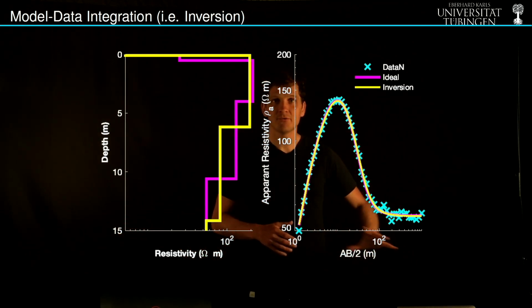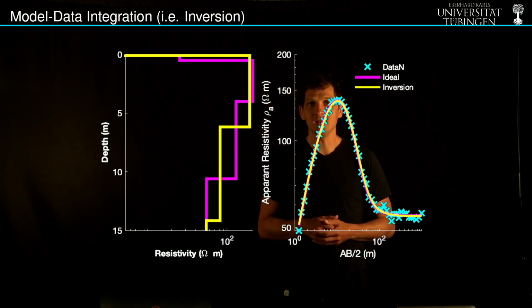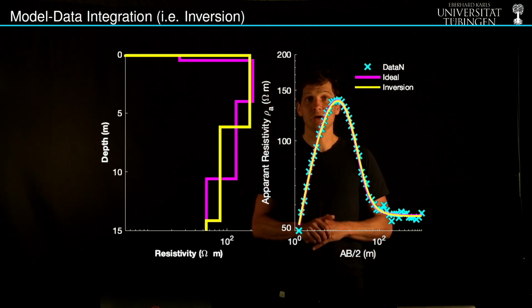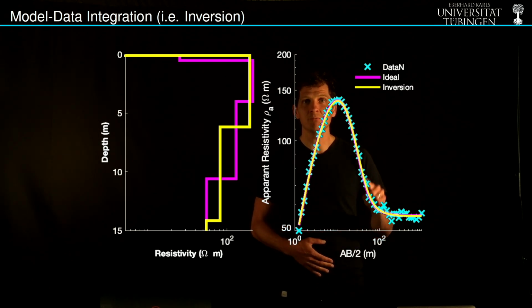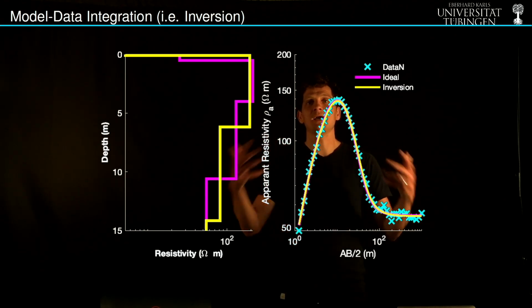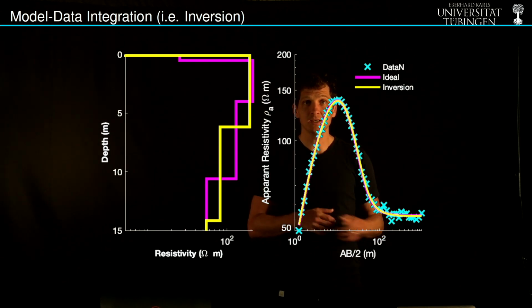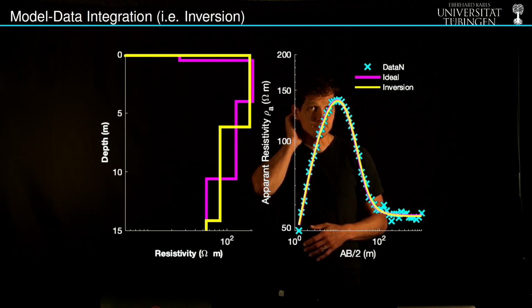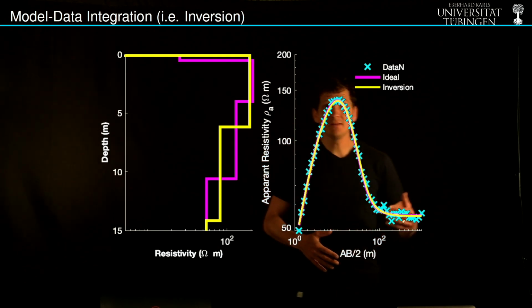On the right-hand side, we are familiar with this plot. The x-axis is the distance of the AB electrodes, the y-axis is the apparent resistivity. All those blue crosses are our measurements, and they are a little bit noisy and not as idealized as we had in our first images. Okay, so those crosses are our observations. Now what I did is I went the other way.